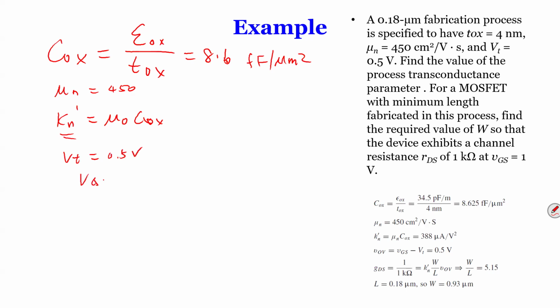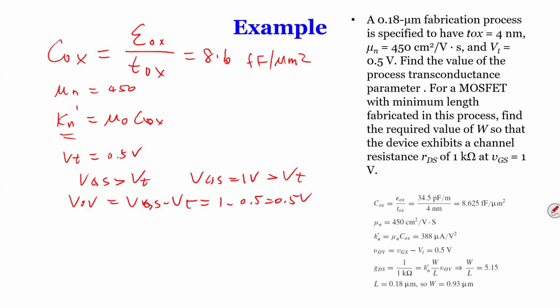So our VGS has to be larger than VT in order to conduct current. And VGS is given at 1 volt. So it is larger than VT, therefore it's going to conduct current. Right? So our VOV is VGS minus VT. That's 1 minus 0.5, which gives you 0.5 volts.